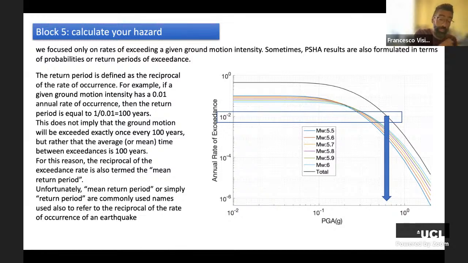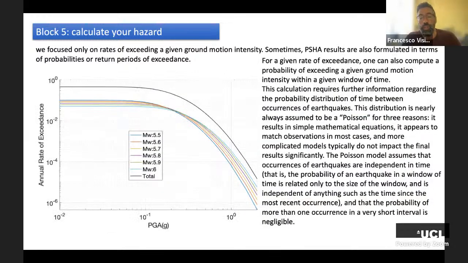Unfortunately, this mean return period is sometimes confused with the mean return period of the earthquakes, but these are completely different things. Another way to see this rate of exceedance is to speak about probability of exceedance.